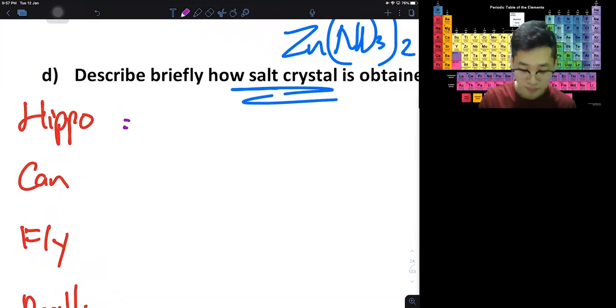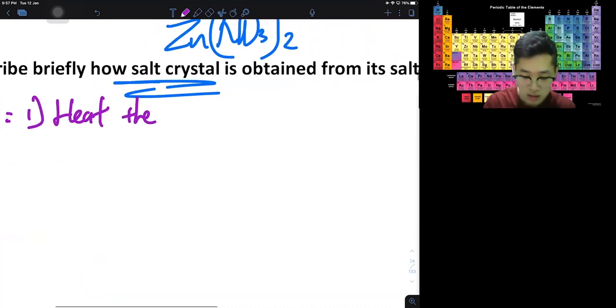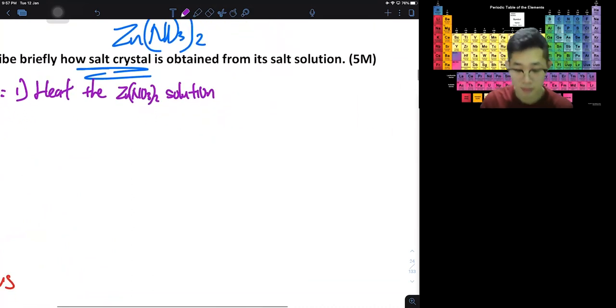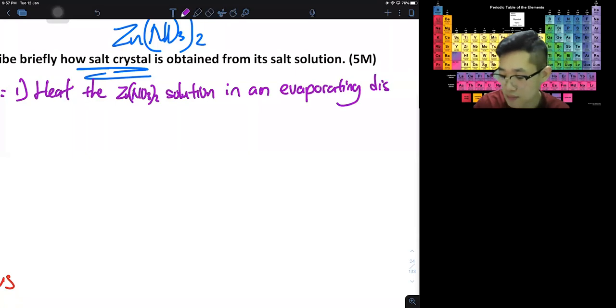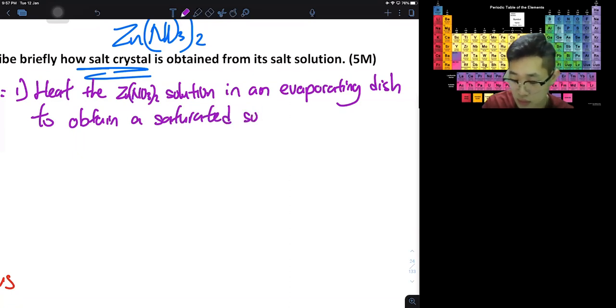So number 1, heat the solution, the zinc nitrate solution. We write the formula better: Zn(NO3)2 solution in an evaporating dish to obtain a saturated solution.